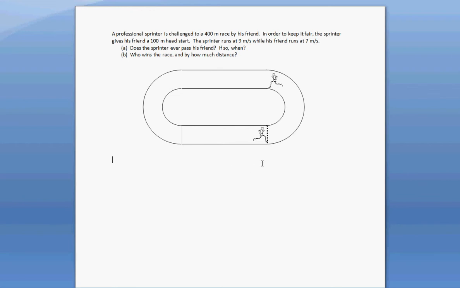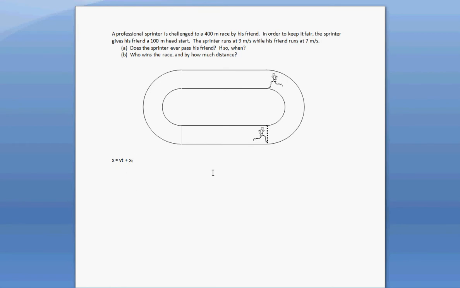So in order to determine either of the participants' position at any time, well, position is velocity times time plus the starting position.